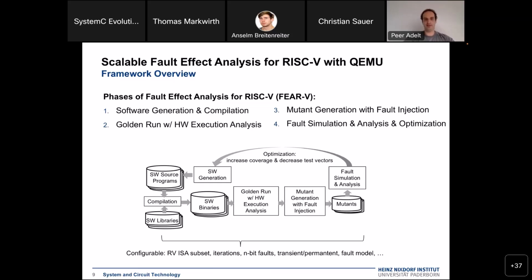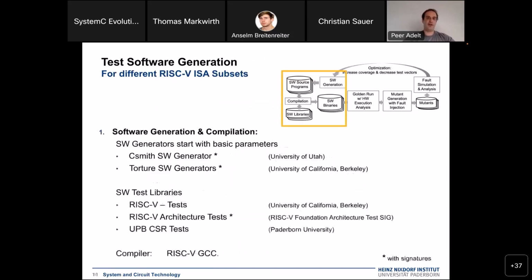So let's get started. The first step, as I already told you, is software generation and compilation. And this divides into 2 areas. First of all, we found some generators which we can use. For example, CSmith.